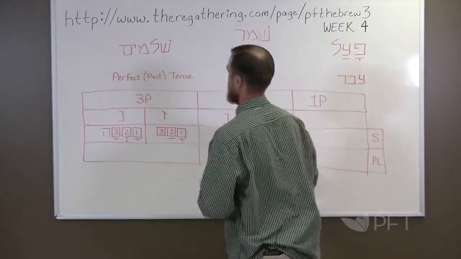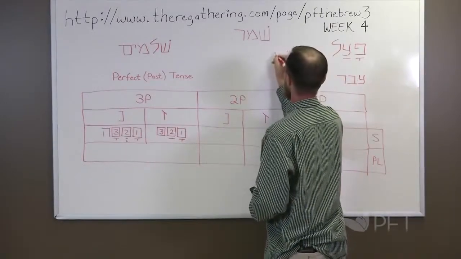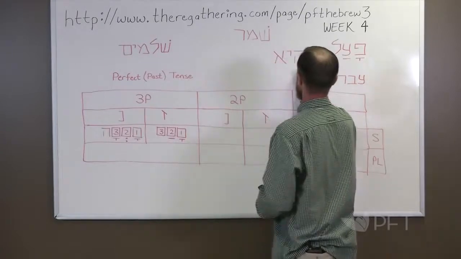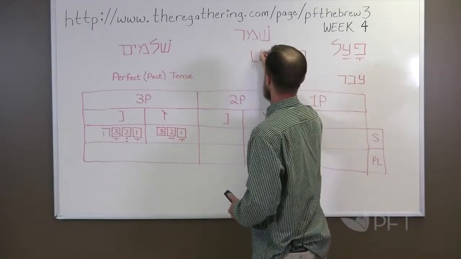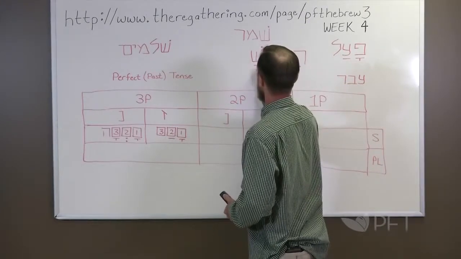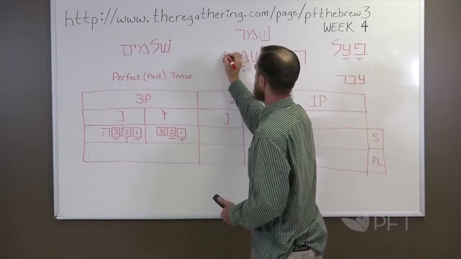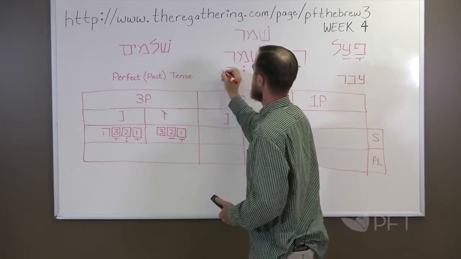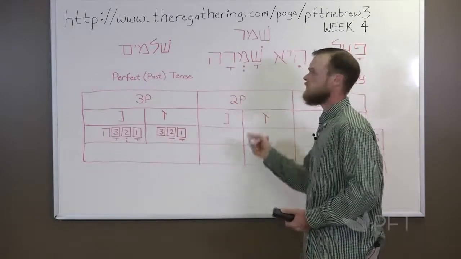So she kept becomes hi shamra. Again, mimicking the vowels, adding the hey at the end. Hi shamra. She kept.